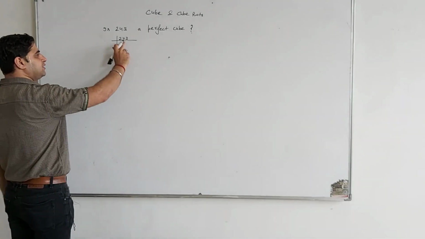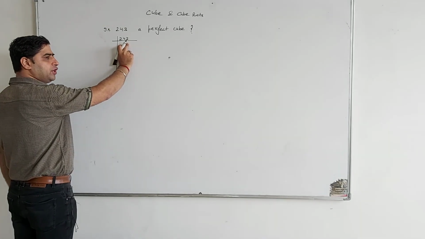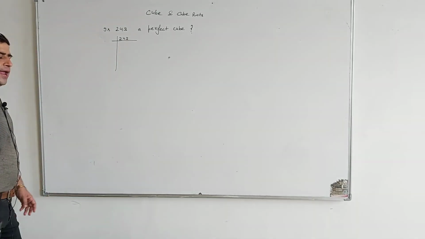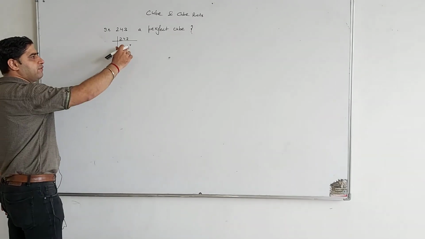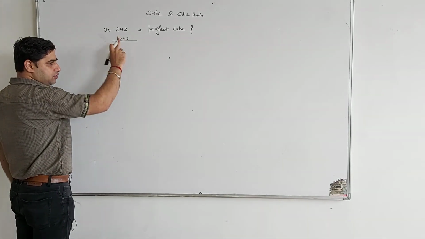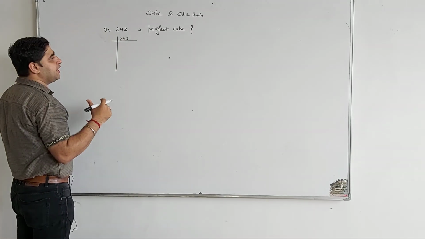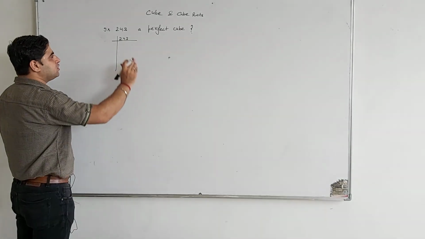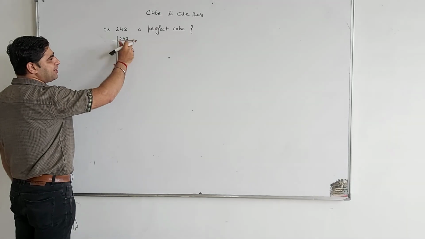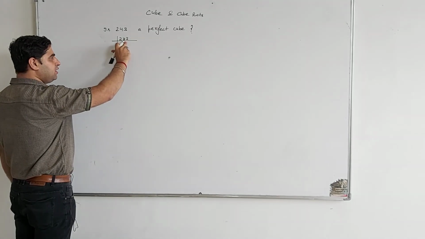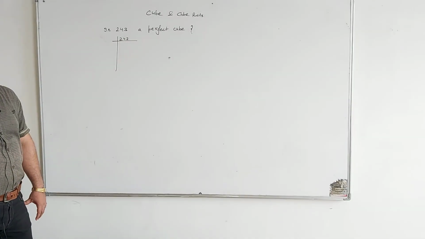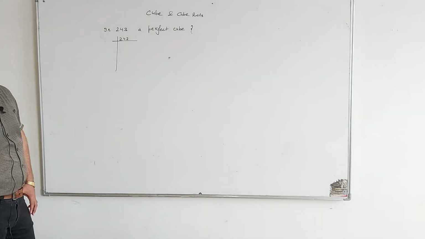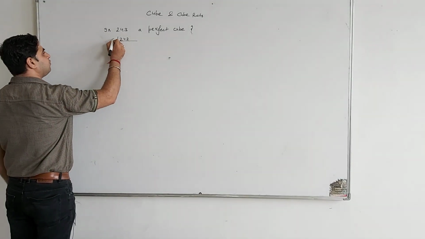243: the ones digit is 3, so it is not divisible by 2, because even numbers end in 0, 2, 4, 6, 8. For divisibility by 3: 2 plus 4 plus 3 is 9. 9 is divisible by 3, so we write 3.